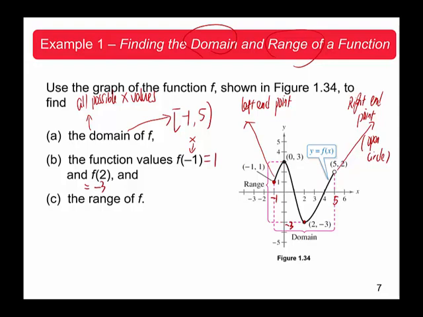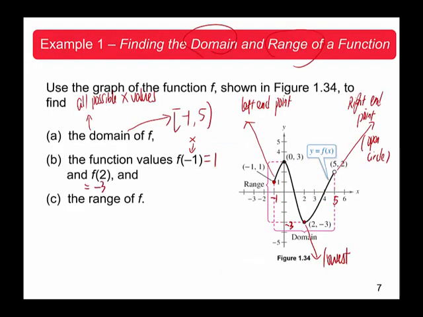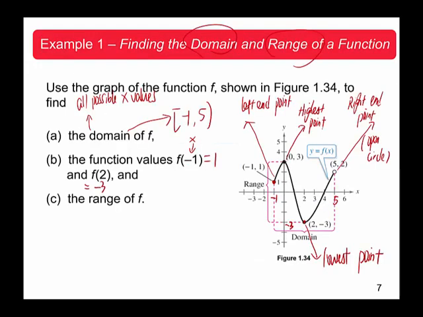Now let's take a look at the range. Again, the range is determined by the lowest point and the highest point. Right here, this is the lowest point. We can also call that the absolute minimum, the lowest point. We also have a highest point. And these two points determine the range.